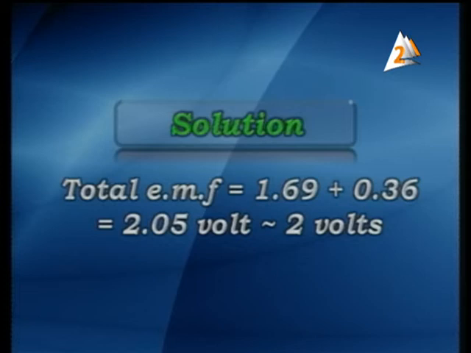Approximately 2 volts. It's good to say that. So it's very important to sum the two halves, the cathode and anode, depending on the oxidation reduction reaction.